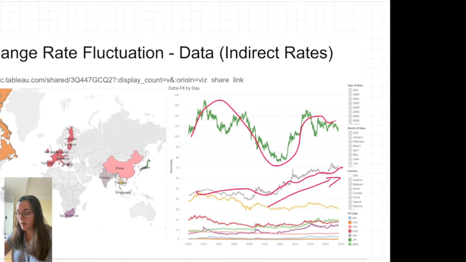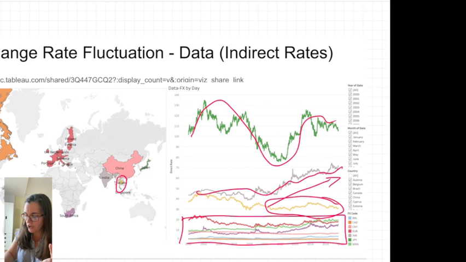On this chart, the yen, the Indian rupee, and the yellow, which I believe is Thailand, all have higher indirect rates, meaning for $1 you can get a lot of that particular currency. Then we see a whole bunch of different currencies scrunched below. All that means is that for those currencies, $1 will get fewer of them. So for instance, $1 will get you only a fraction of a British pound.